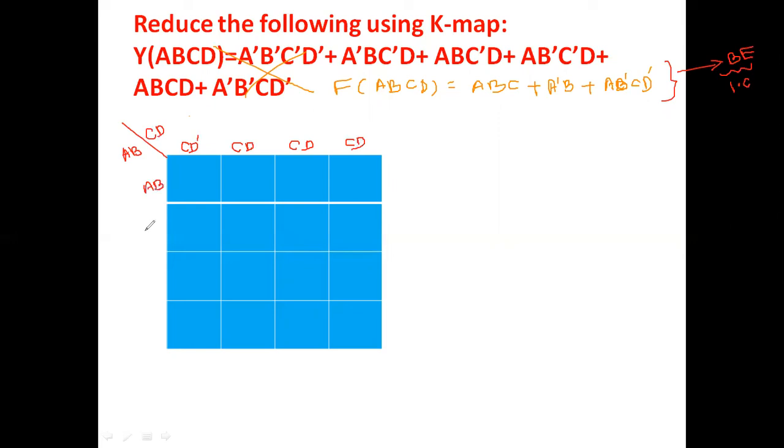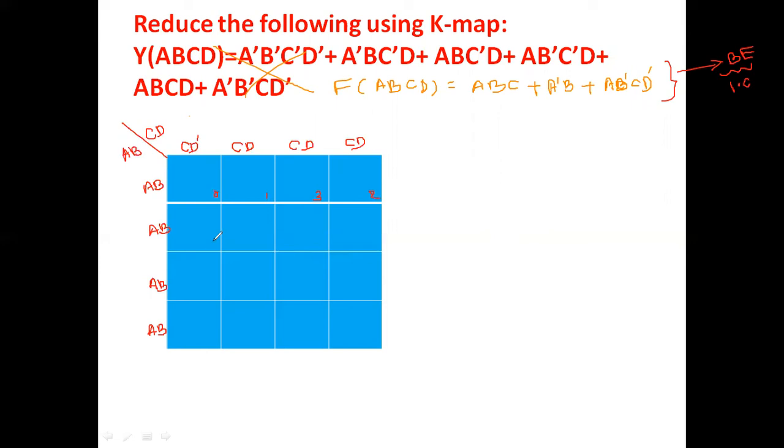Once you find them, from that you have to finalize the canonical form. Afterwards, fill up the Karnaugh map, then group, then take the common variable outside. That is the usual procedure, nothing difficult.